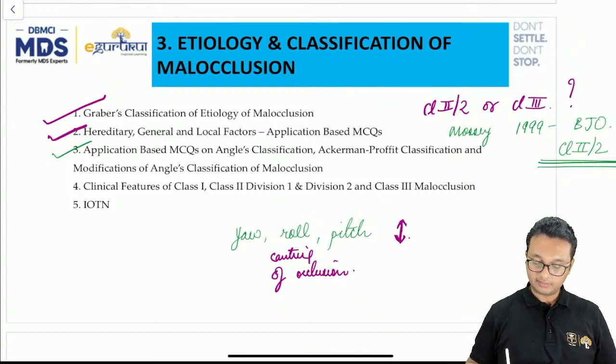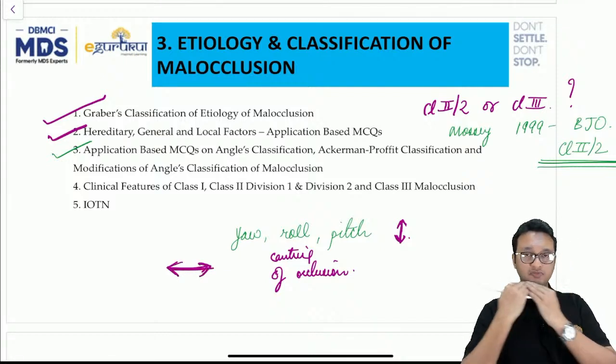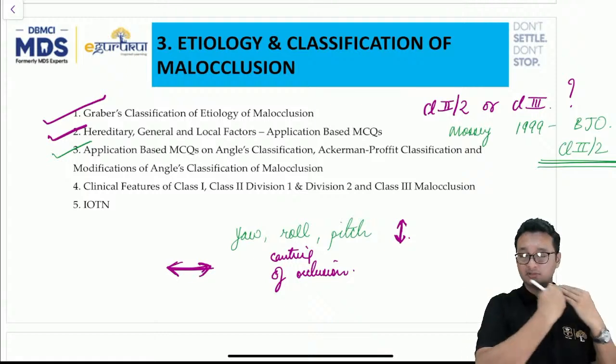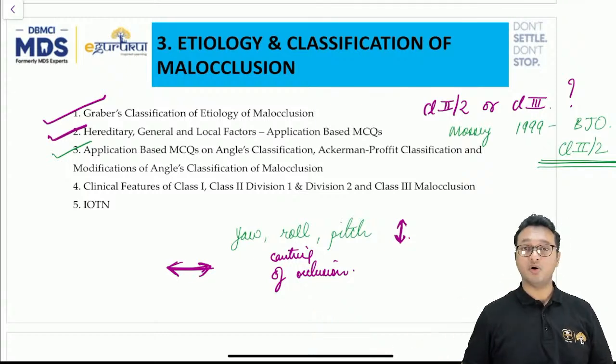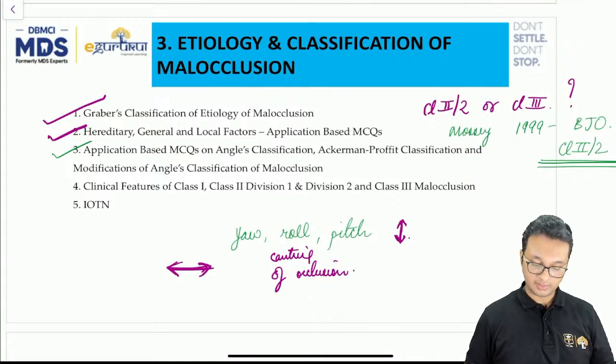And yaw means any deviation in the transverse plane of space. If the mandible is moved to one side, either the right side or the left side, that is called yaw. This is the latest addition to the Ackermann-Proffit system of classification. You should know that, okay?